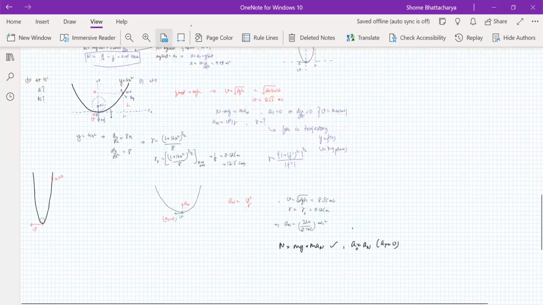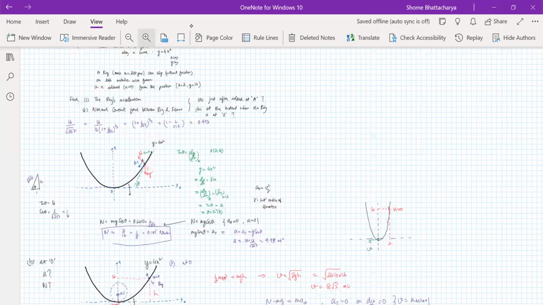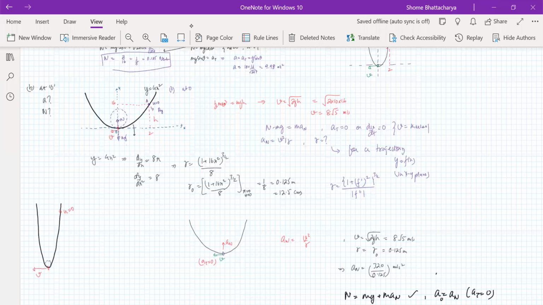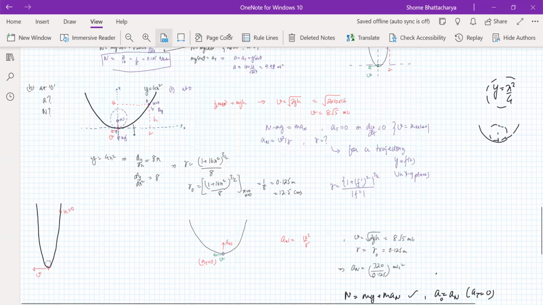Now, at a practical level, perhaps, if we had taken the question such that instead of y equal to 4x square, y was equal to x square by 4 or something, we would have got a smoother type of parabola like this. So the curvature would have been less steep, so the radius would have been larger. So you would have got more practical kind of values for acceleration, comparable to acceleration due to gravity, not so very large.